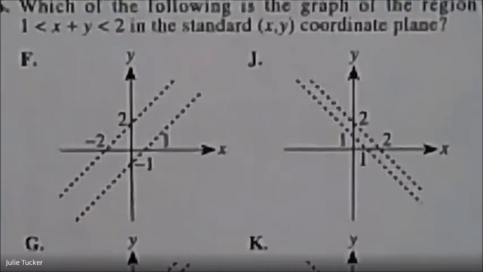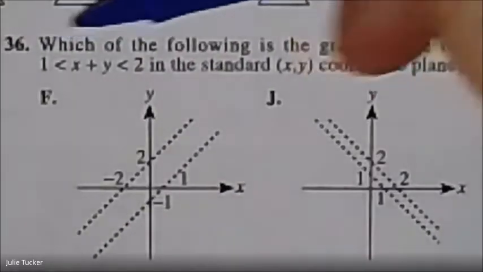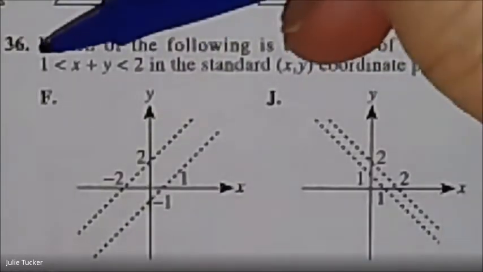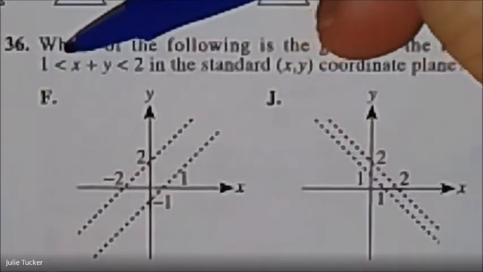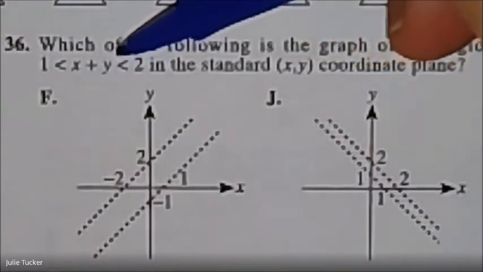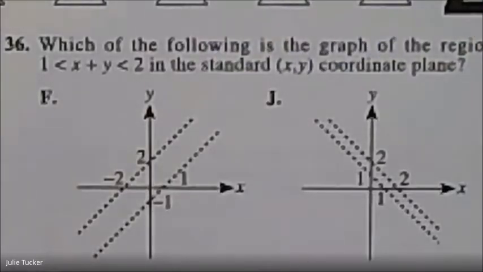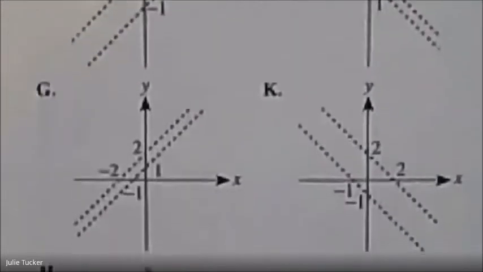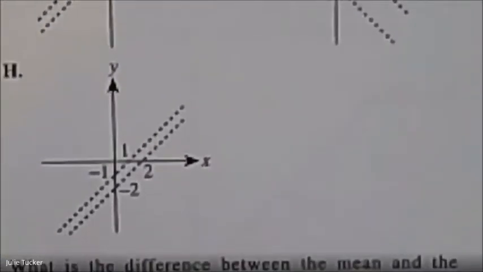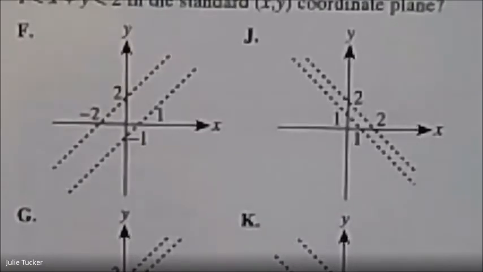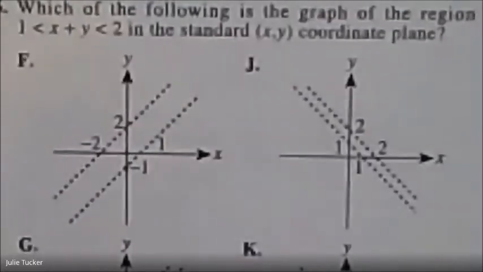All right, number 36. Which of the following is the graph of the region 1 is less than x plus y is less than 2 in the standard xy coordinate plane? Okay, so first of all, when you look at all of the graphs, they all have dotted lines because of the less than symbols.